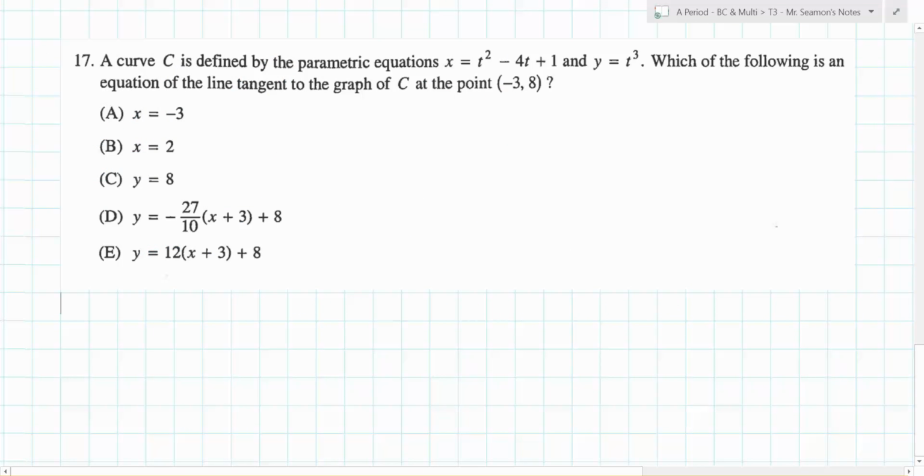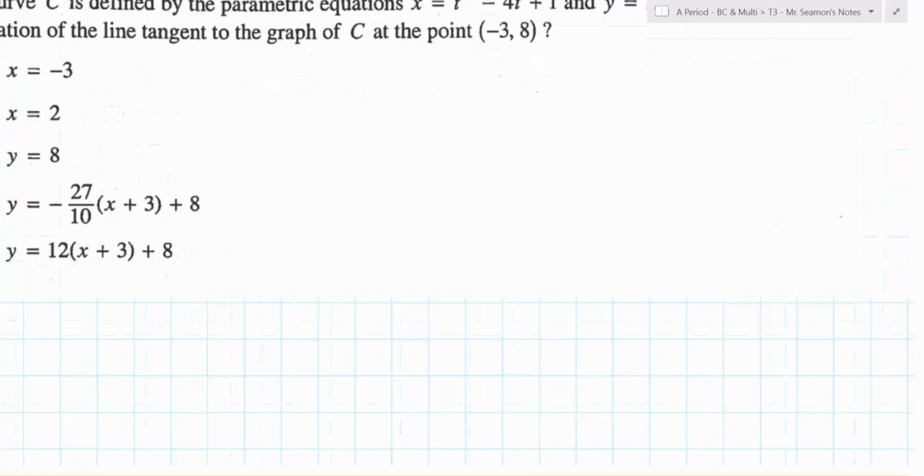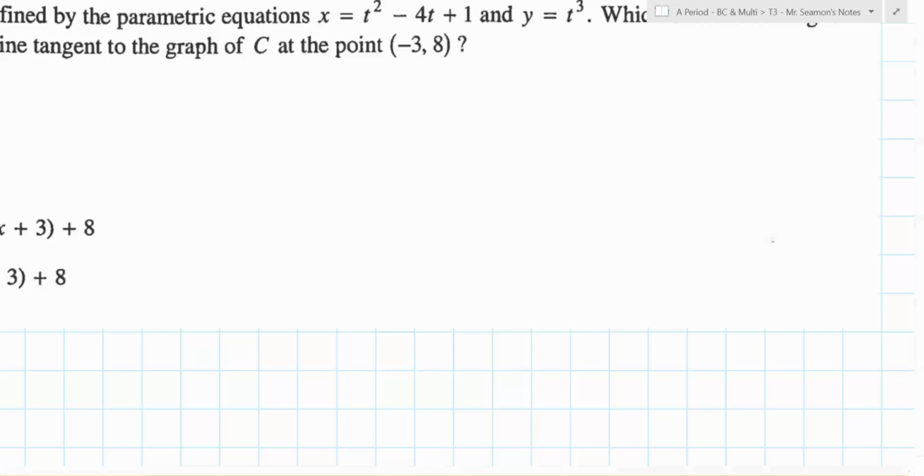Okay, so it says curve, blah, blah, blah, tangent, blah, blah, blah, at a point. We're looking for a tangent line. What equation do we really like our lines to be in when we're now in big kid calculus? What's the general equation for a line that we like? Don't say slope-intercept. Point-slope, yeah.